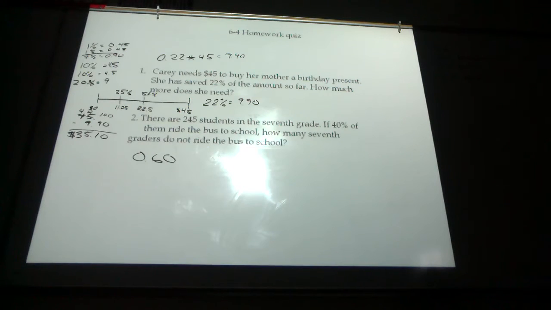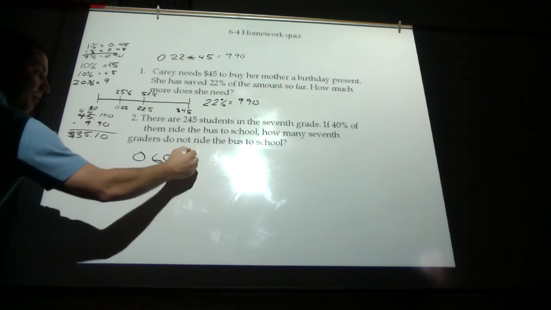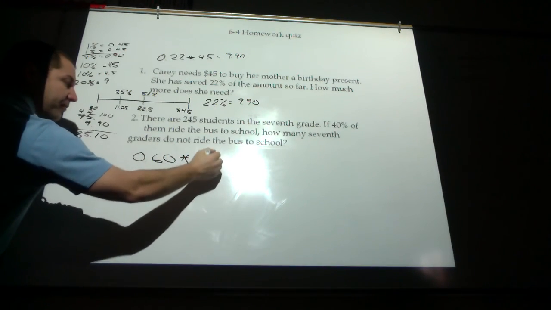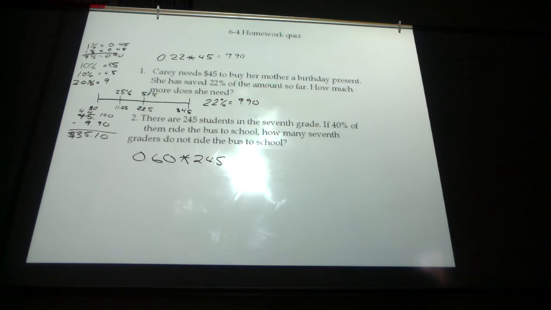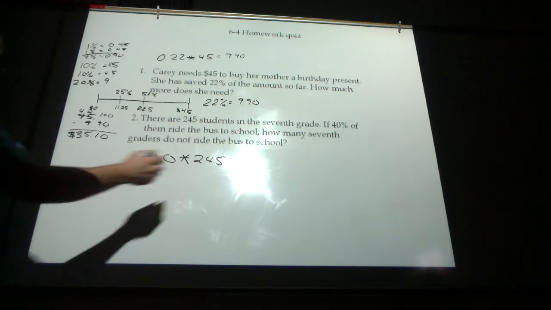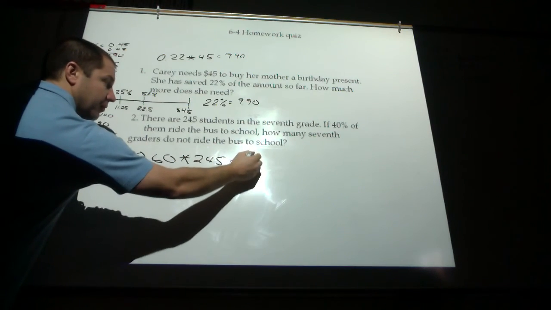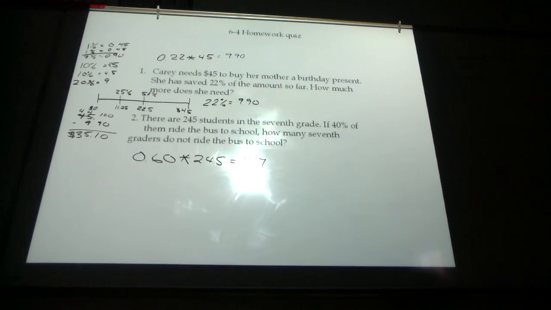That's the definition of percent, out of 100. We multiply that by 245. So it's slightly more than half of the population. What did we get when we took 0.6 times 245? 147 students. Everybody okay with that?